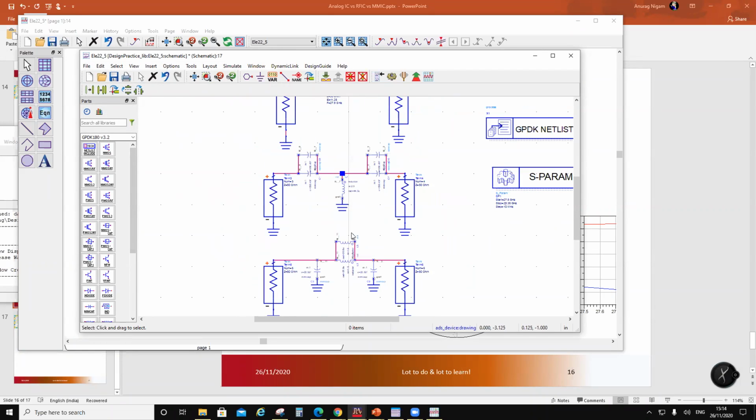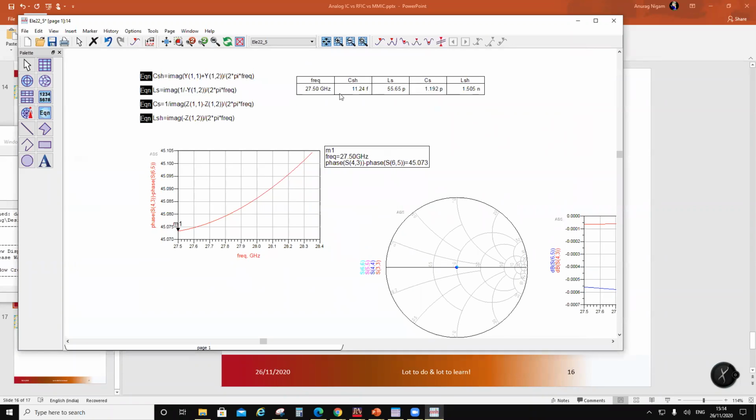Now let's look at the other element where the major problem is going to come, right? Okay, so what I'm going to do is I need capacitors which are 11.24. This must still be doable, and this one is also doable, but you know, there's a problem here, right?